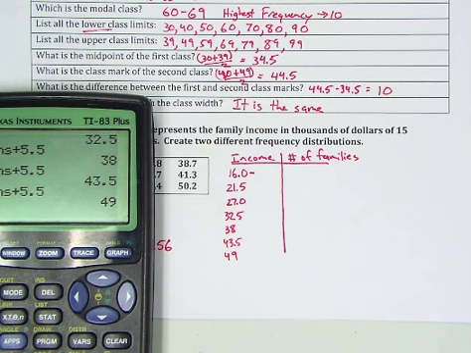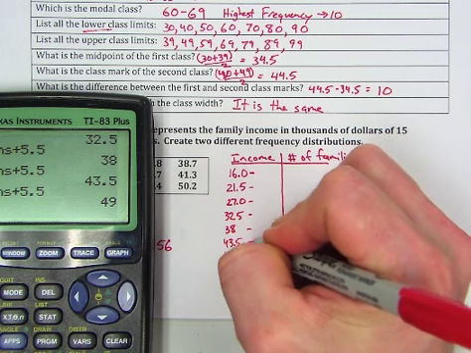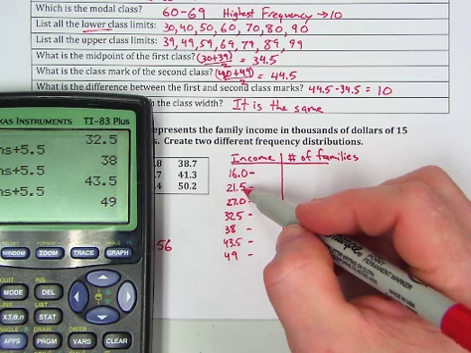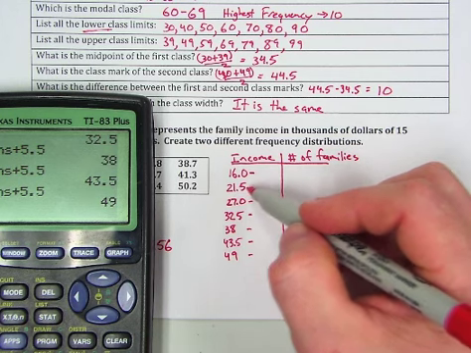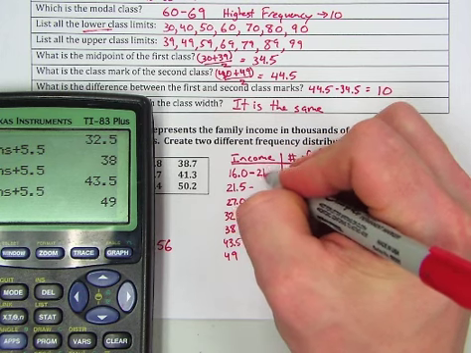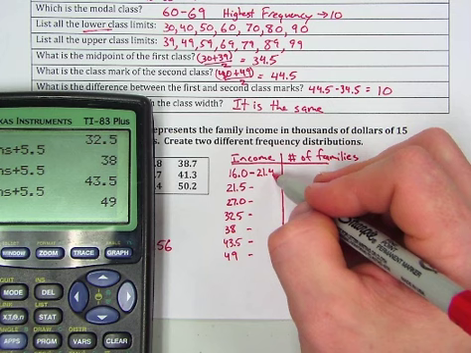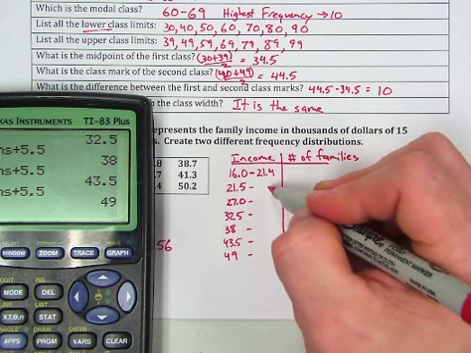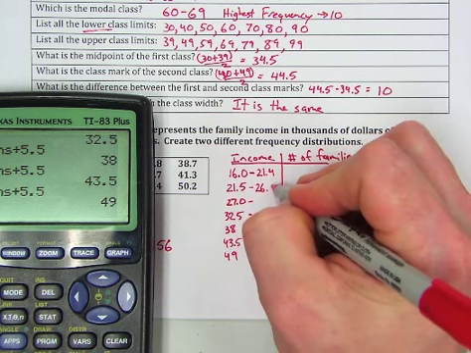So now we need to go and figure out the upper class limits. So we can just take our lower class limit and go down by 1/10. And that's going to work. So 21.5 will go down by 1/10, 21.4. Okay. Now we could keep adding 5.5s to this, or we can keep going down by 1/10. So here 27 would go to 26.9.